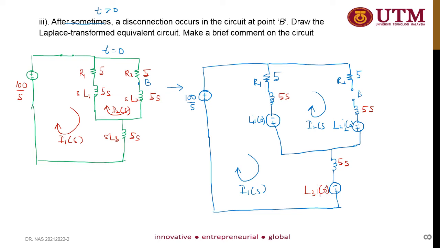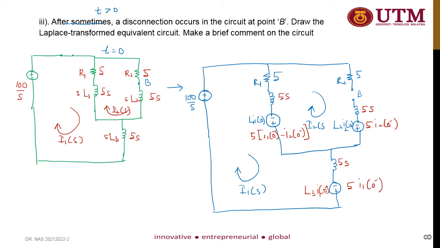And at this point, since it's the sharing condition, L i naught is equal to L, which is 5, times I1 naught minus I2 naught. And here is L2, so it is 5 I2 naught. And here is 5 I1 naught.